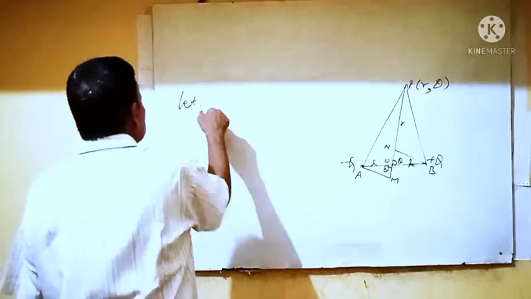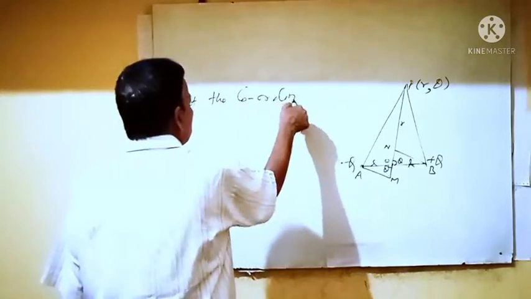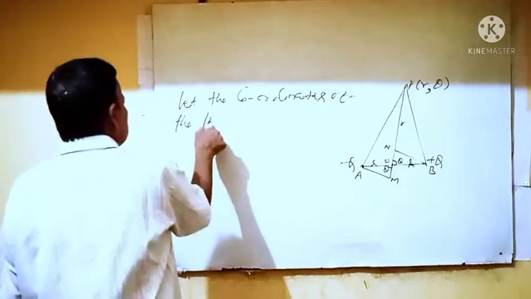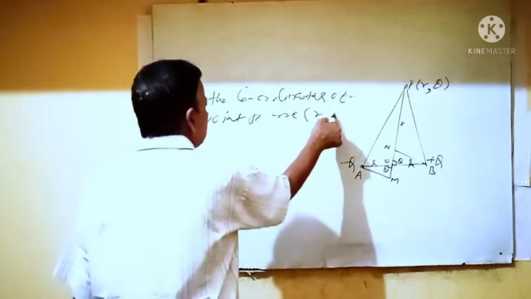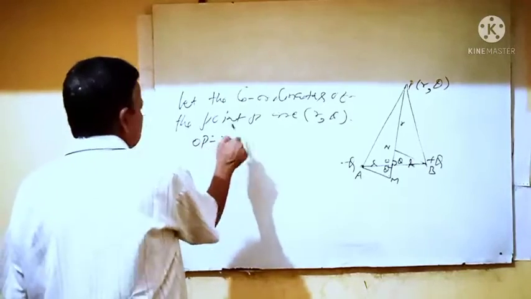Let the polar coordinates of the point P be r, comma theta. OP is equal to r.